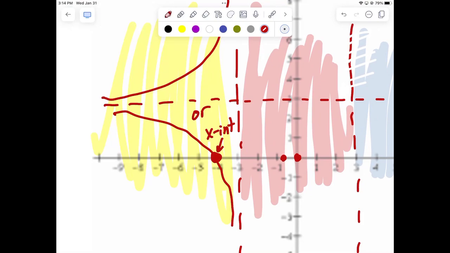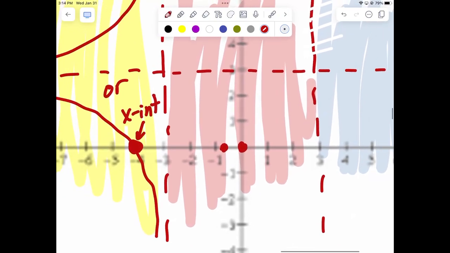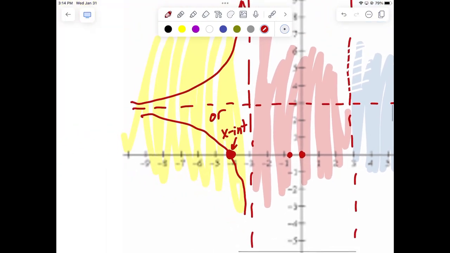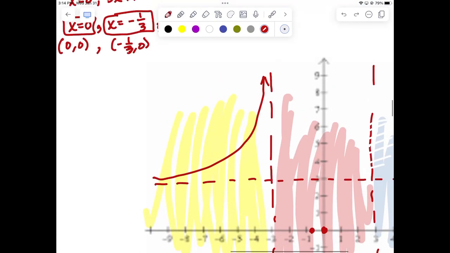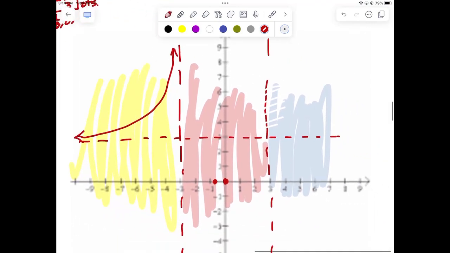Did we find an x-intercept to the left of -3? We did not. We only found 2 x-intercepts, didn't we? At -1/3 and 0. So if there are no x-intercepts out there, can it live below? Nope. By default, it must live above. By default, it has to live above. There is no x-intercept. Now, by the exact same argument, on the right-hand side, it must also live above.